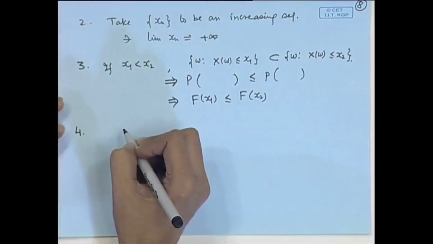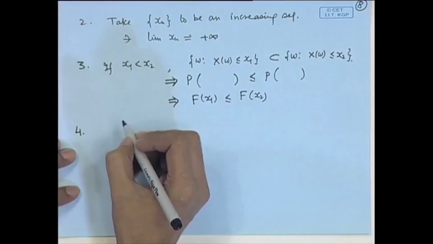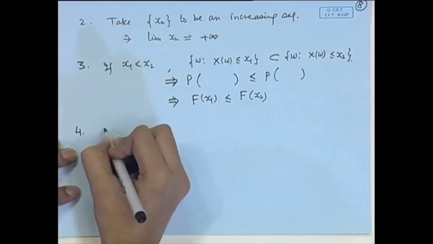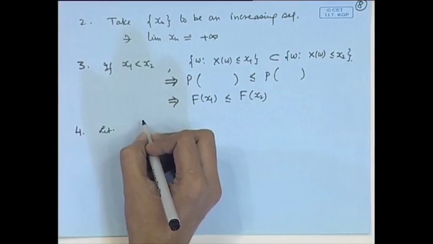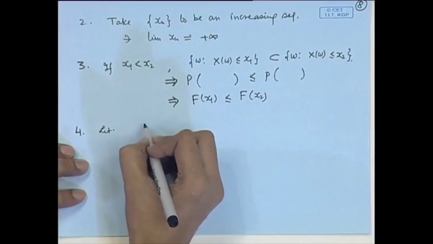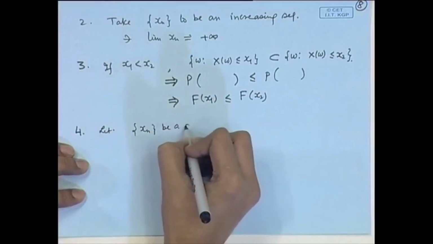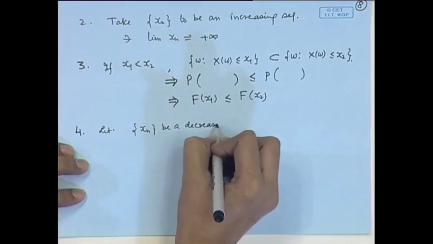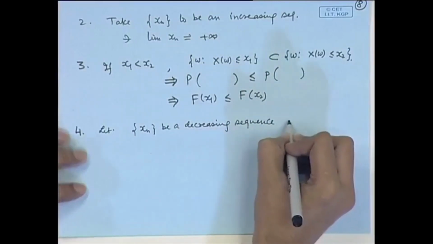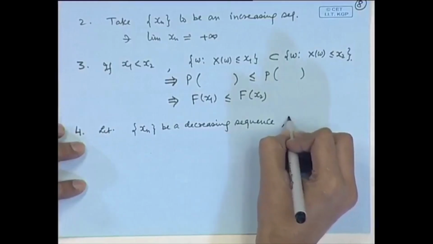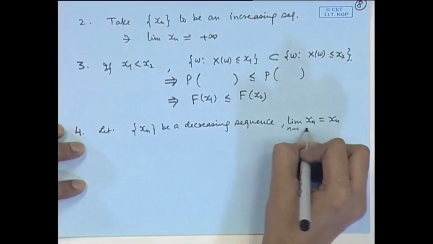To prove the continuity from the right, let us consider a sequence. Let x n be a decreasing sequence with limit of x n equal to, say, x as n tends to infinity.